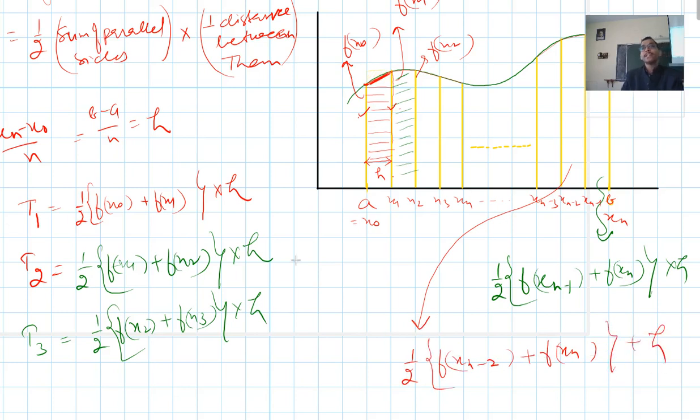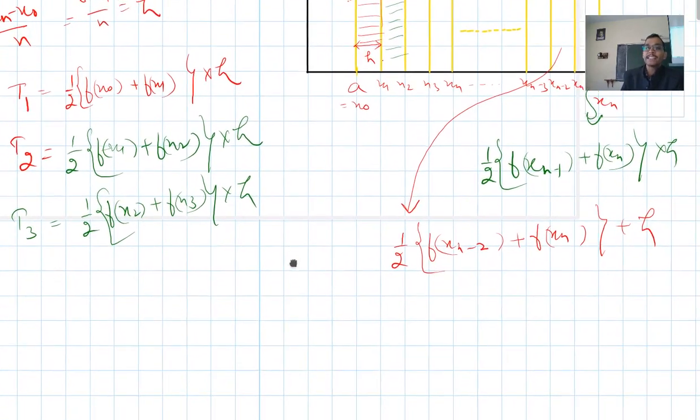So let us sum up all the areas. The area under the curve is the sum of all these areas.